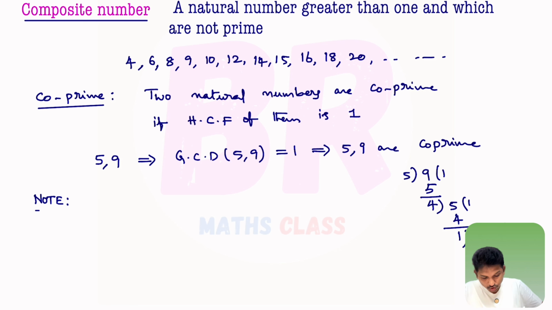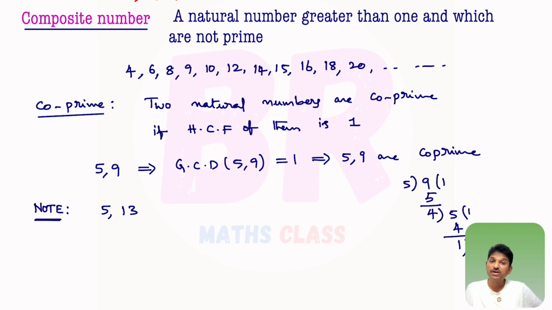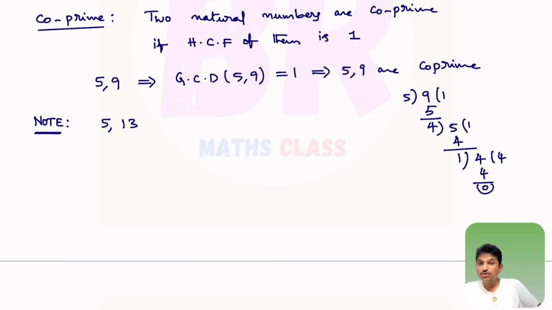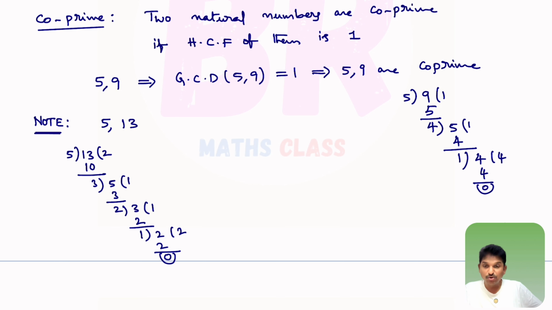Related to coprime, there is an important note. If we take two prime numbers, they are always coprime. Suppose you take 5 and 13. 5 is a prime number and 13 is a prime number. Check their GCD: divide the bigger number by the smaller number, 5 twos are 10, remainder 3, and continue this procedure until you get 0.